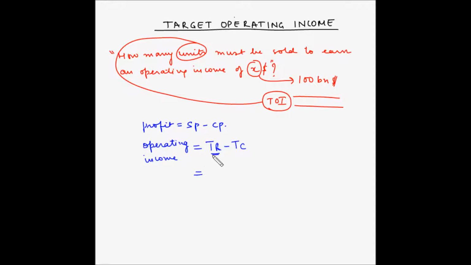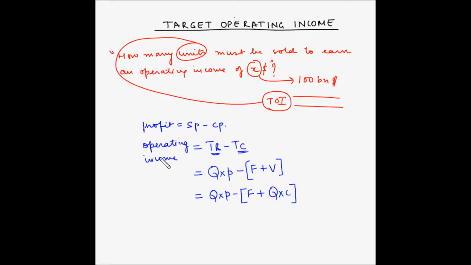The total revenue is the total number of units sold multiplied by the unit selling price, minus the total cost, which is fixed cost plus the variable cost. And this is equal to number of units sold multiplied by the unit selling price minus fixed cost plus the variable cost. And variable cost is nothing but the total number of units sold multiplied by the unit variable cost.